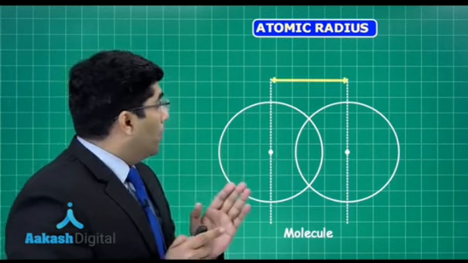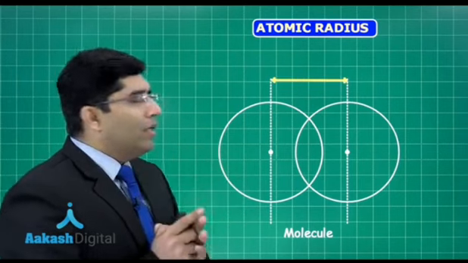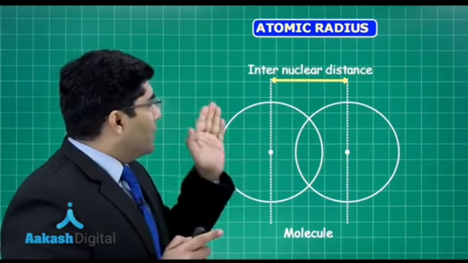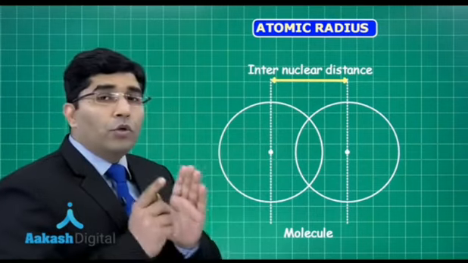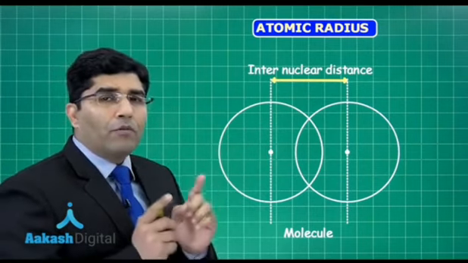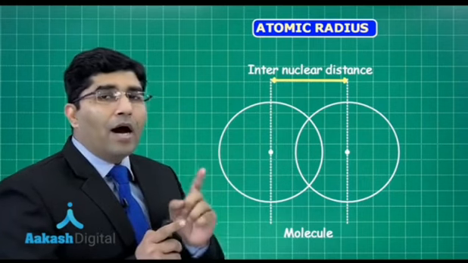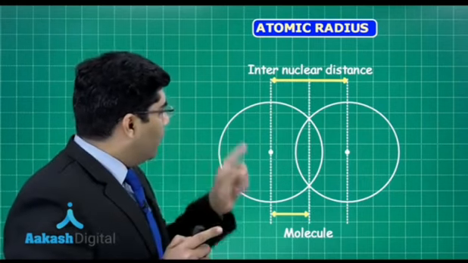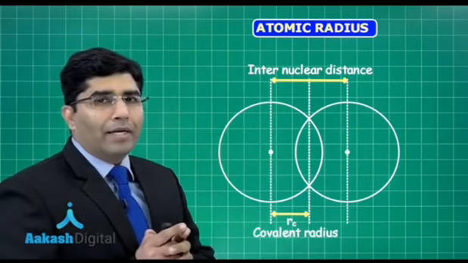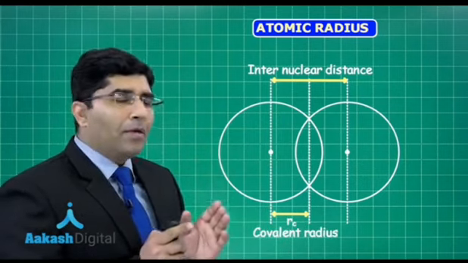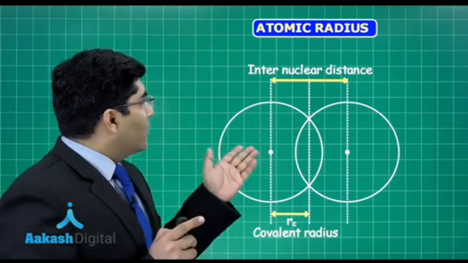Now this is called internuclear distance, meaning the distance between two nuclei. Now we have to take half of it, and half of it will be this, and this distance is called covalent radius, right? So this was the covalent radius.